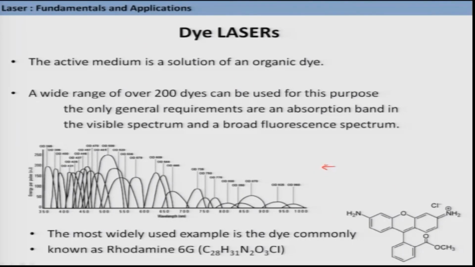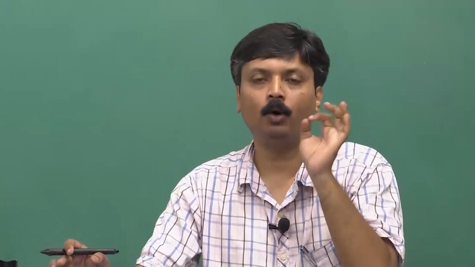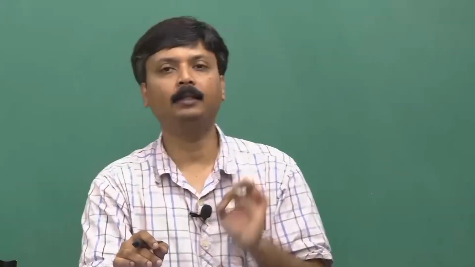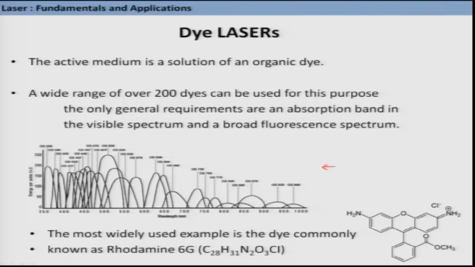So you can achieve any wavelength in the range 350 to 1100 nanometers using a dye laser. All you need is the right dye and the right pumping source. The most famous dye used in dye lasers is probably rhodamine 6G. This is a commercial name, and the molecular formula and structure of rhodamine are given here.